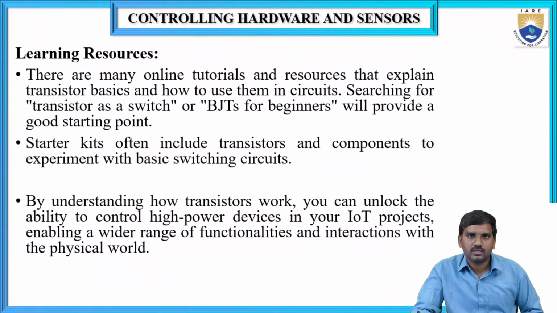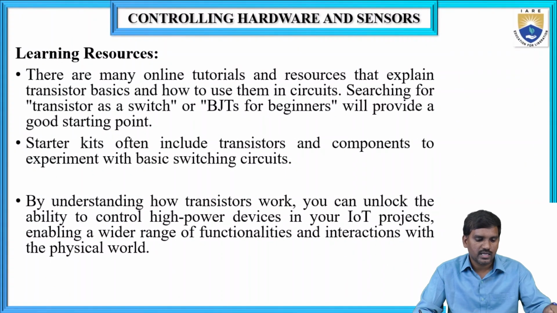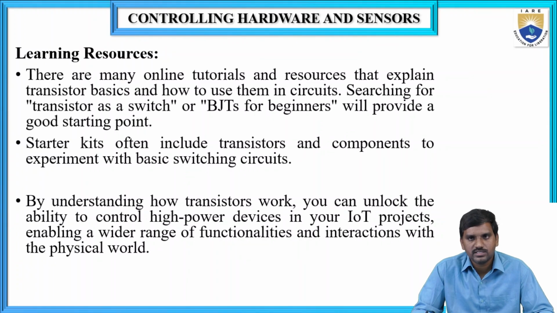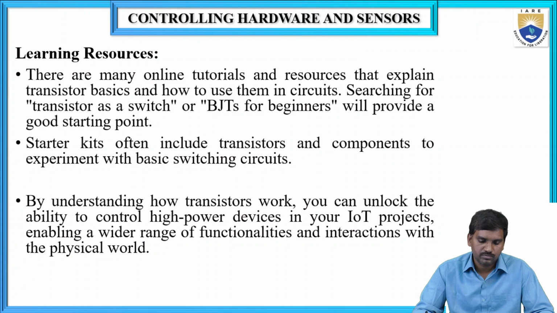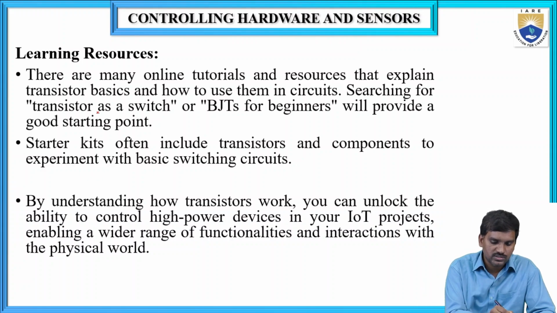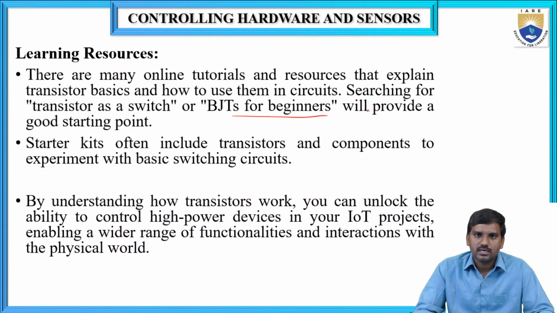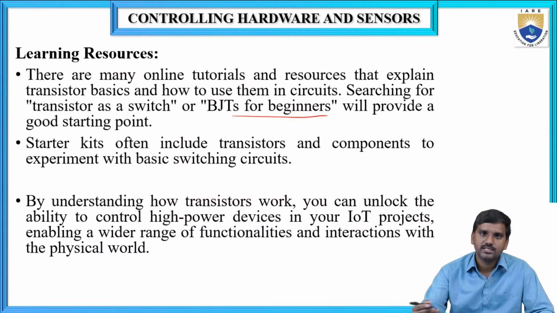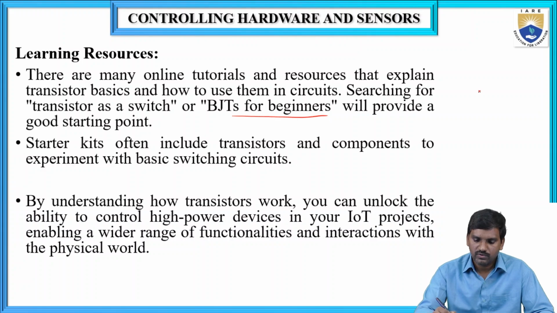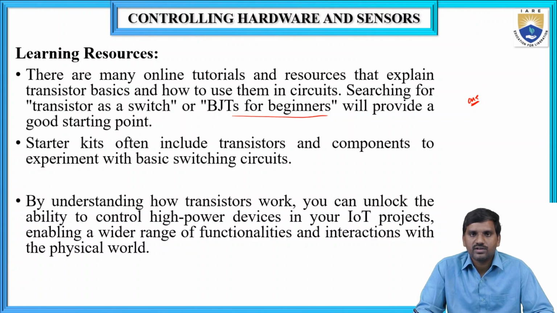And learning resources: there are many online tutorials and resources that explain transistor basics and how to use them in circuits. Searching for transistor as a switch or BJT for beginners will provide a good starting point. As per my knowledge, one book available in the library is Millman's and Halkias' Electronic Devices and Circuits.